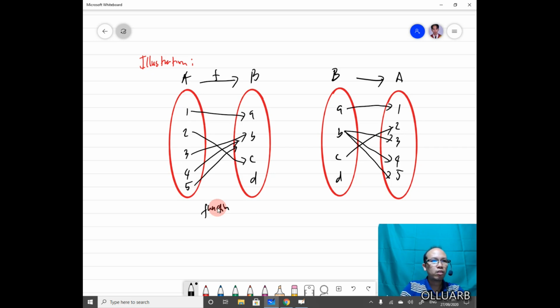This is a function, but this one is not a function nor a relation based on the definition.